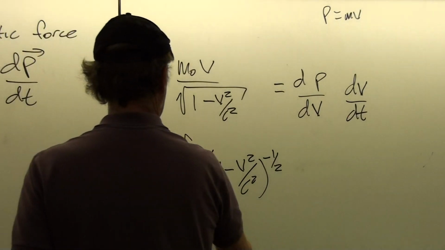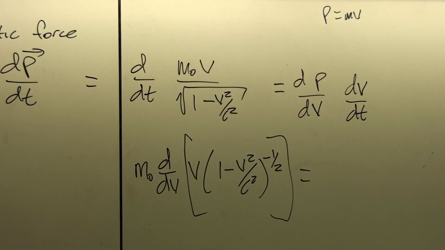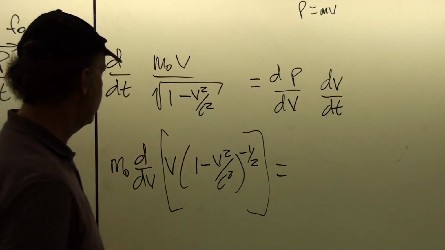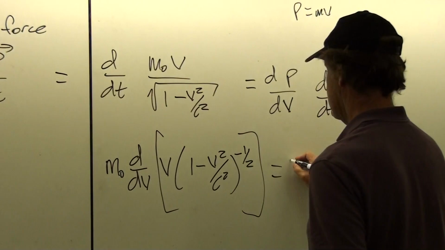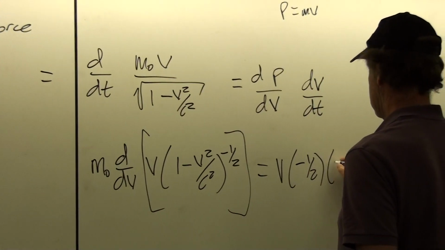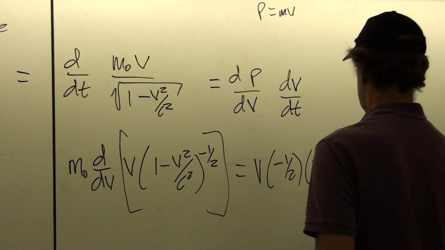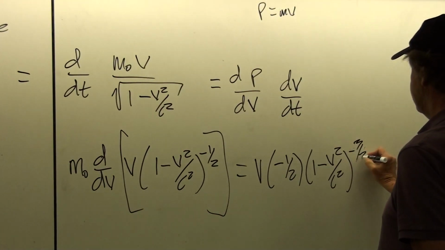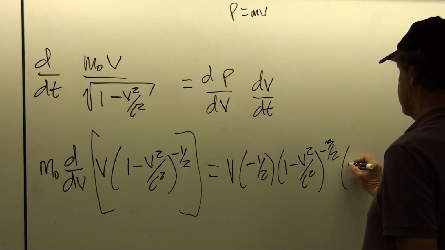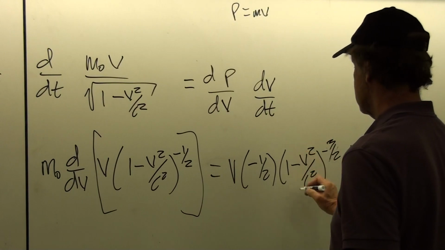Okay, and so then we can do this derivative, and that'll be first times derivative of the second, so that'll be v times minus 1/2 times 1 minus v squared over c squared to the negative 3/2 power, and then times the derivative of the inner function.